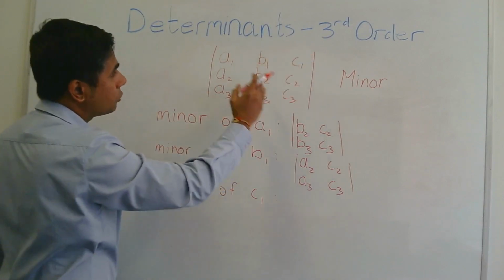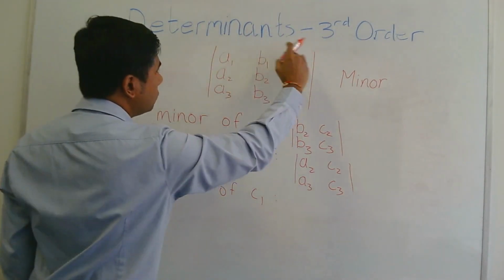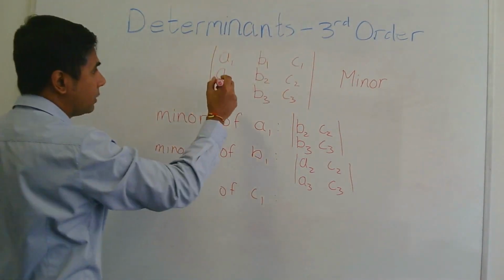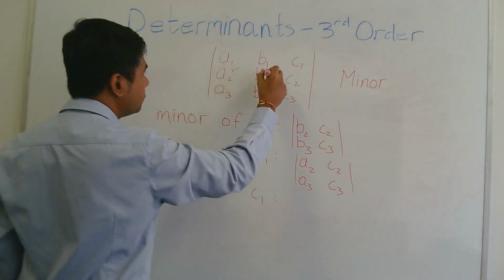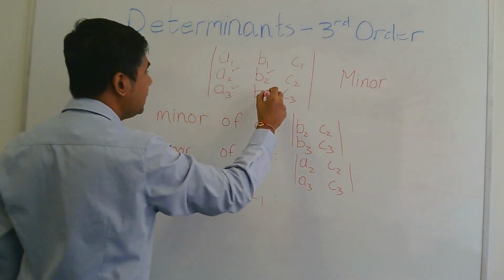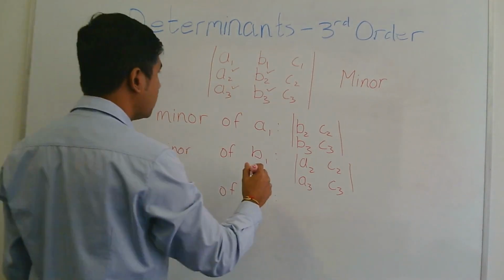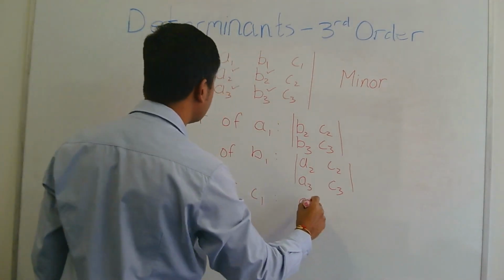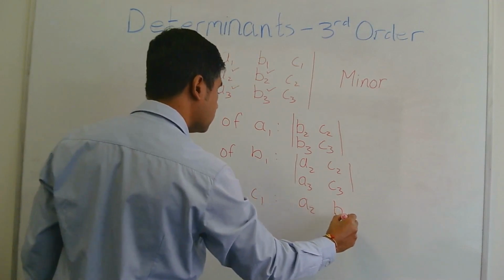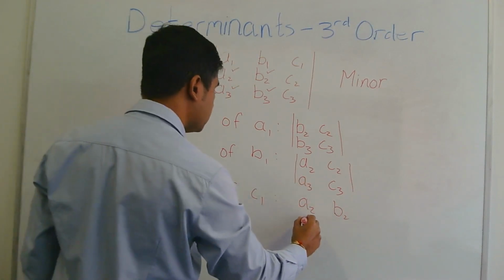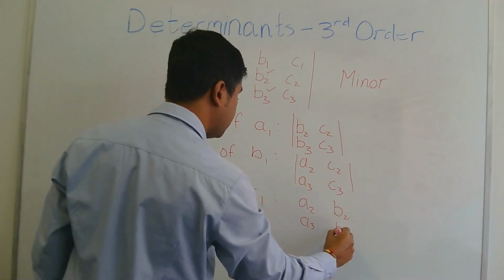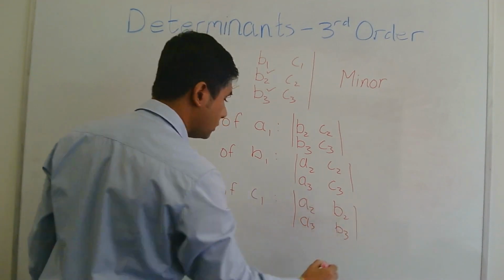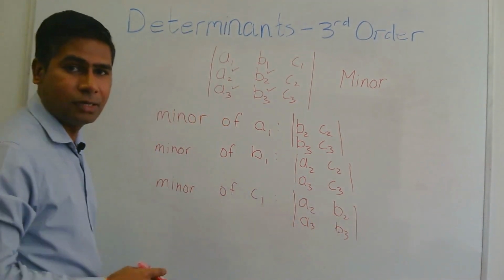So we block out row 1 and column 3, and then we write what's left. And what's left is A2, B2, A3, and B3. And we find the determinant of that.